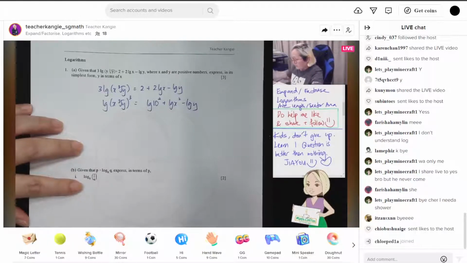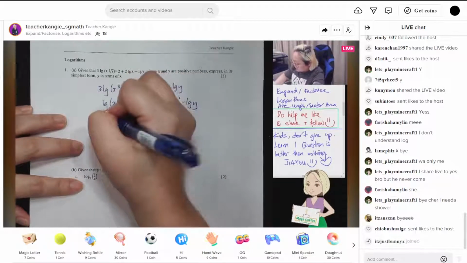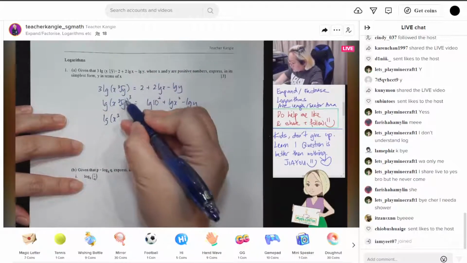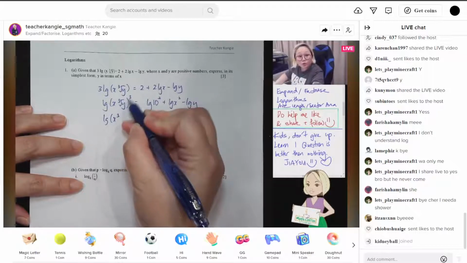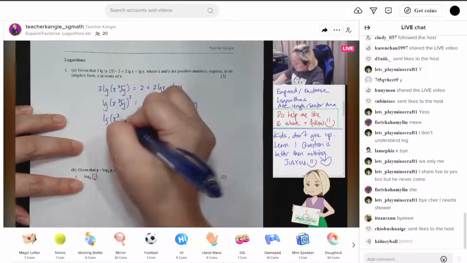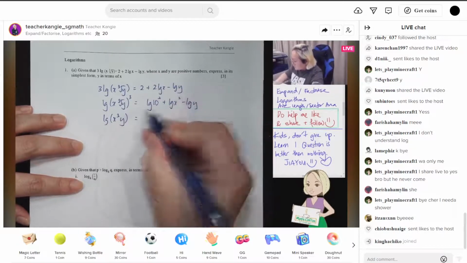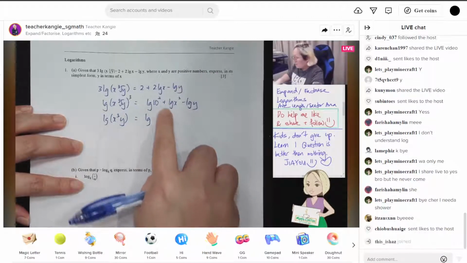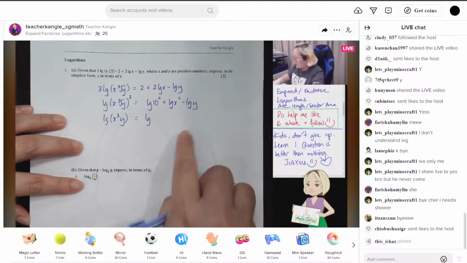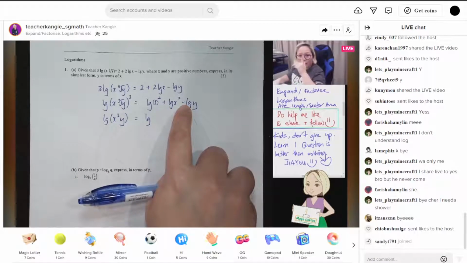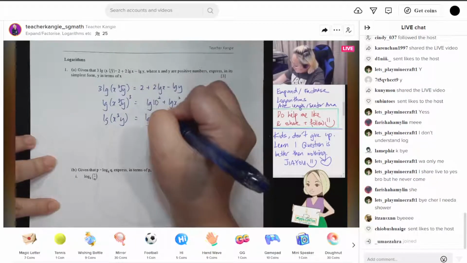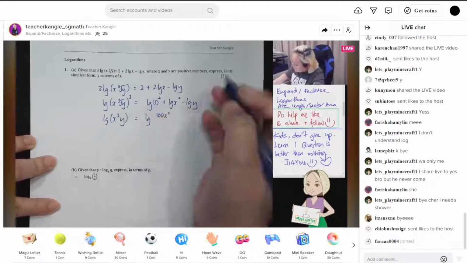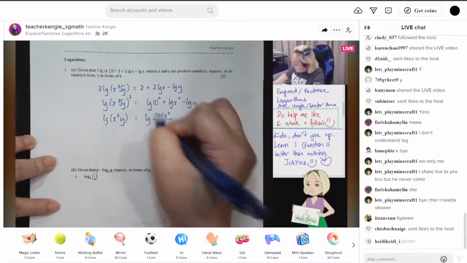Then after that, let's simplify this part. x cubed, so it's just x cubed. This is cube root, right? Cube root to the power of 3 means it's just the inside, so it's y. Now I'm going to combine this into a single log. Plus means multiply. Minus means divide. So this becomes 100, 10 squared is 100, times x squared over y.